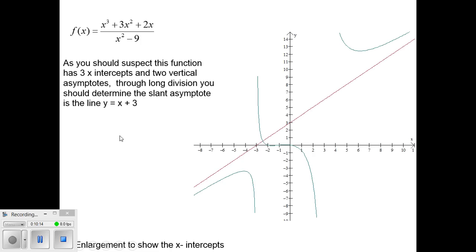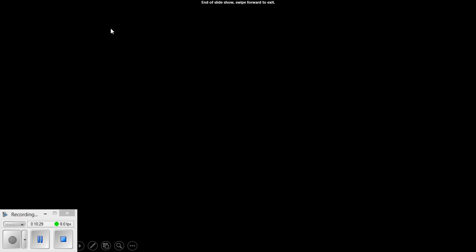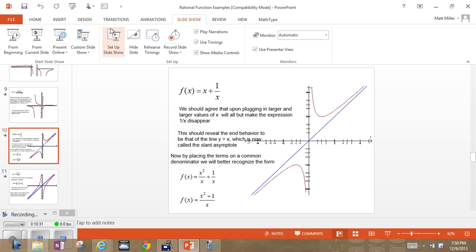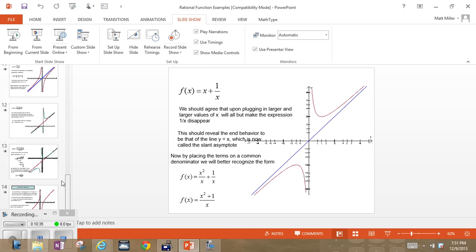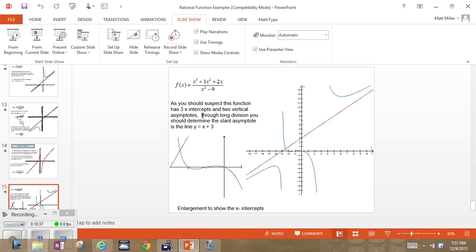So let's take a look at things. This is the graph. Let's see what happens and how we get that. Oh, sorry. I should have actually shown that this was factored. When this is factored, you pull out an x. Sorry about that. Here we go.